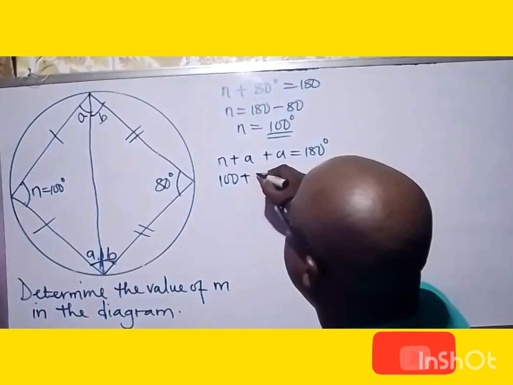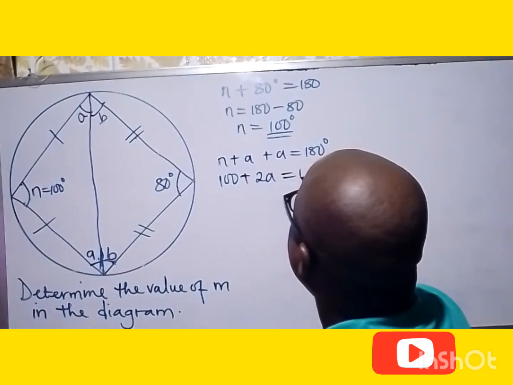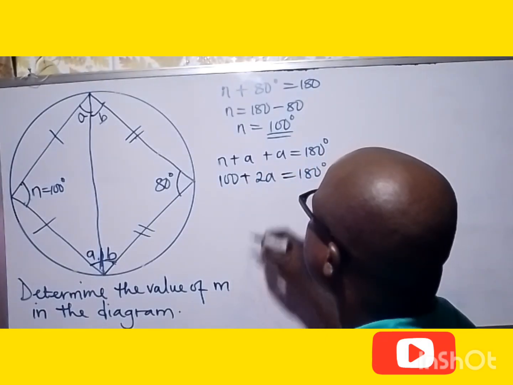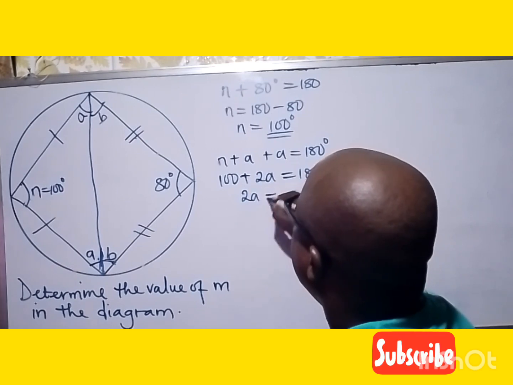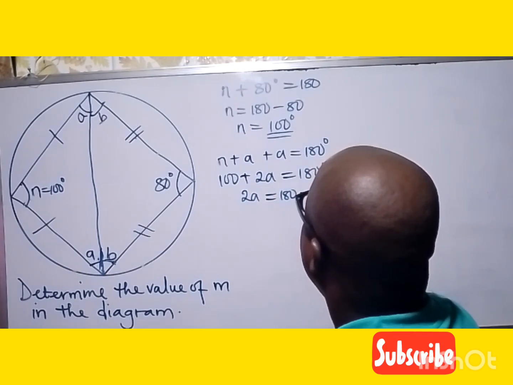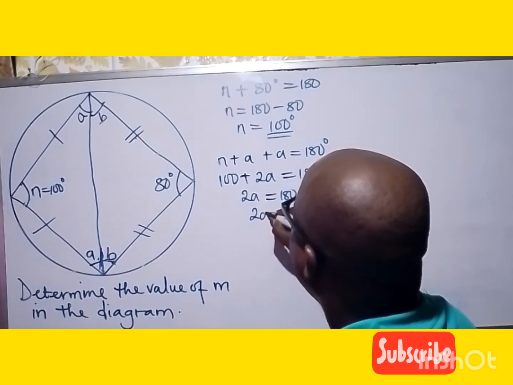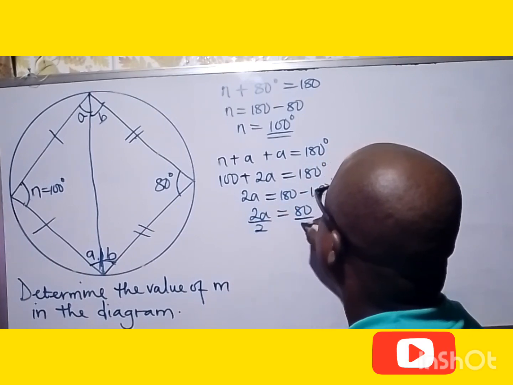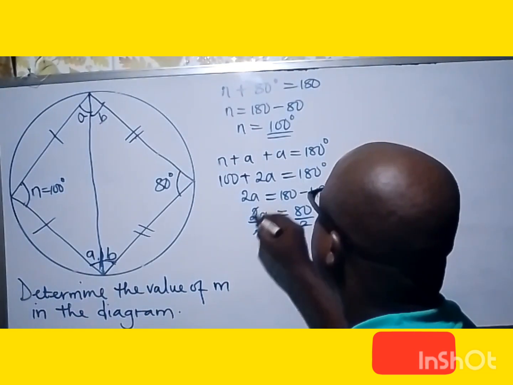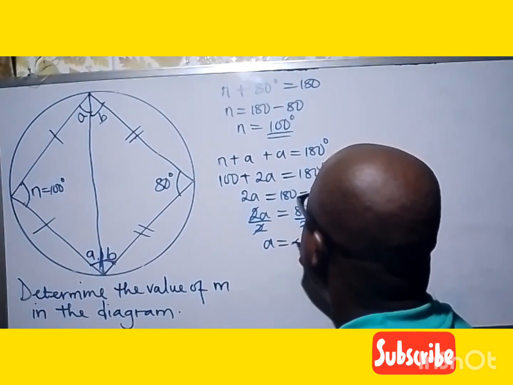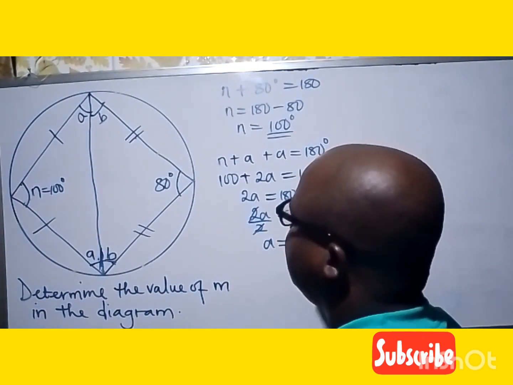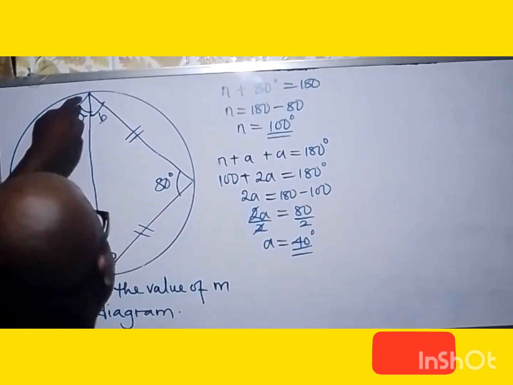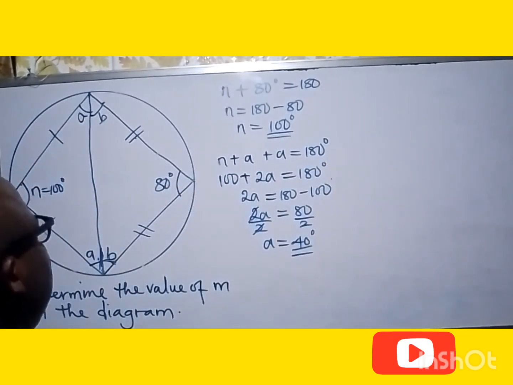So here I will have 2A equal to 180 degrees. So 2A will be 180 minus 100. So I have 2A equal to 80, divided by 2, divided by 2. So the 2 will cancel. A now will be equal to 40 degrees. That means A here and here will be equal to 40 degrees.